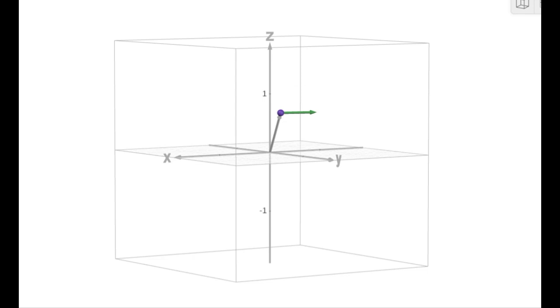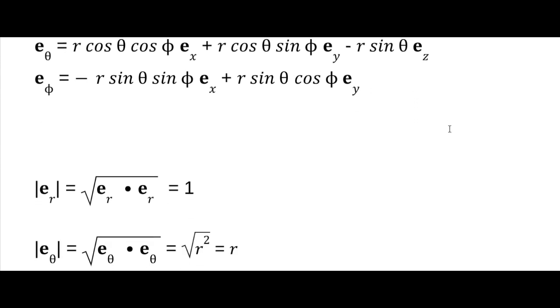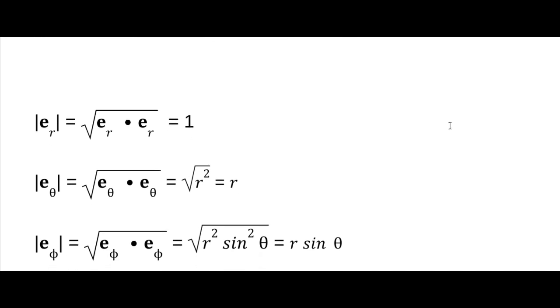So we had theta change the magnitude and r change the magnitude. Let's look at the equation. Here is the e_phi basis vector. Square each term, add them together, take the square root. We get r sine theta, just like we saw. So it was changing magnitude with r and with theta.